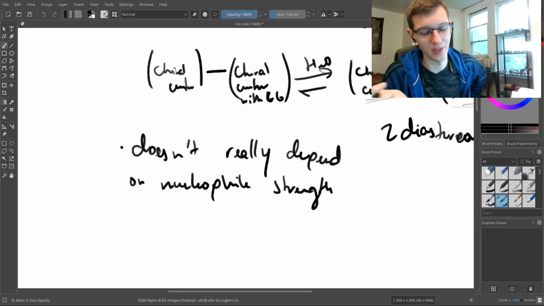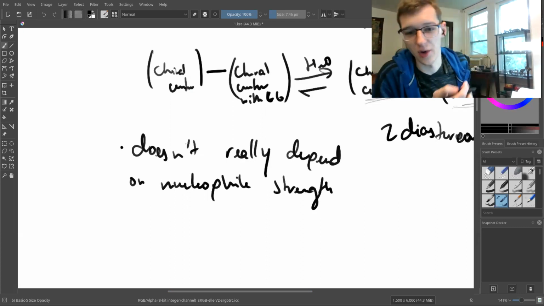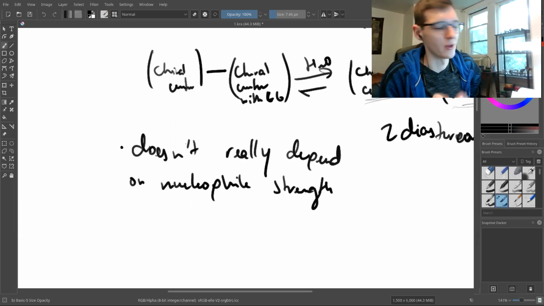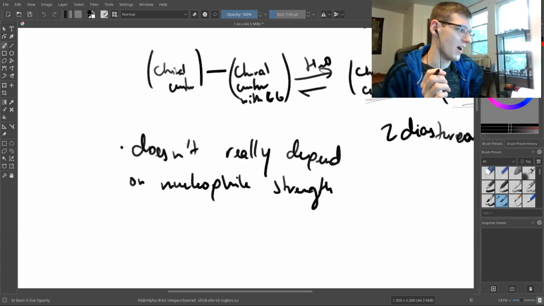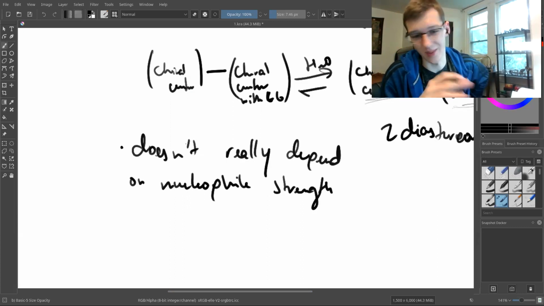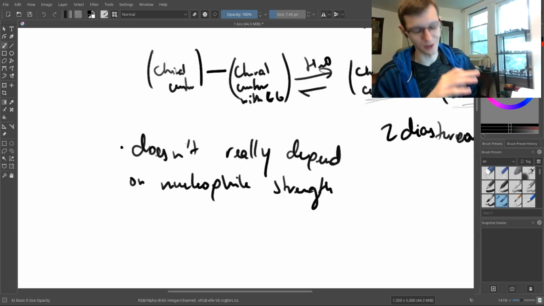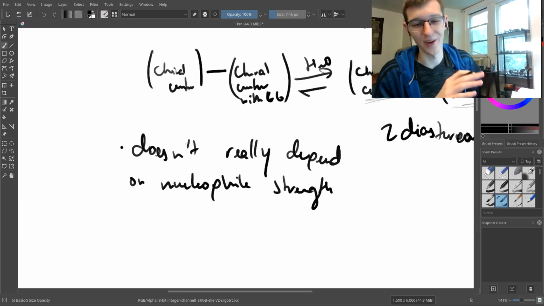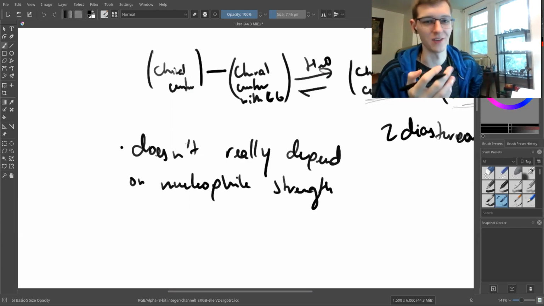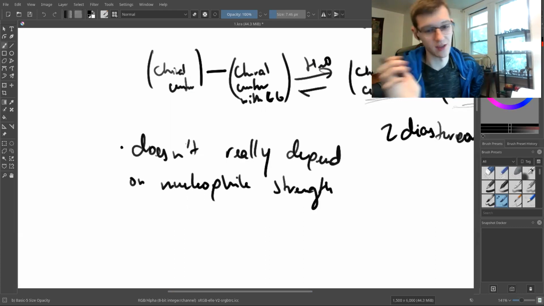Let's say you have a molecule with a bromine somewhere else on a primary carbon. You don't want to mess with those things. So you can put it in a really mild weak nucleophile, and SN1 is going to be favored. It's going to go nicely because it doesn't really matter how strong the nucleophile is that much.